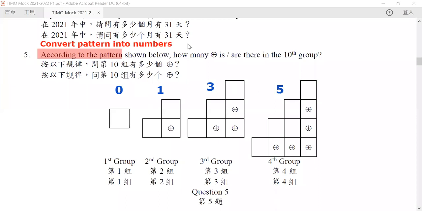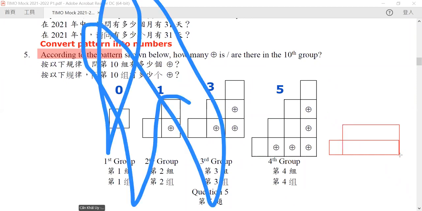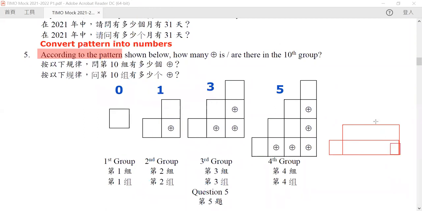Now, sometimes you may not find the rules of this pattern all along, so you may try to draw an extra diagram. Let's say now we draw the diagram for our fifth group.